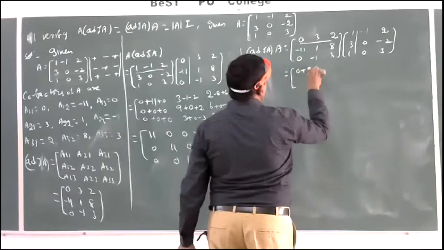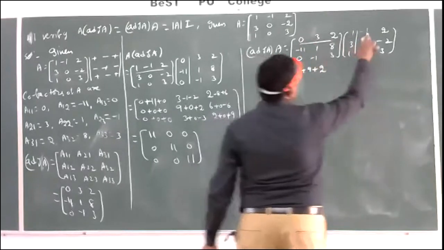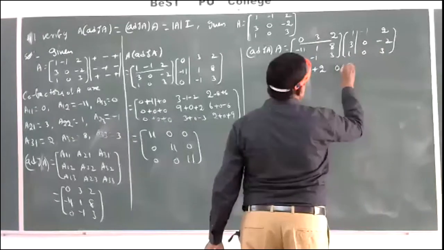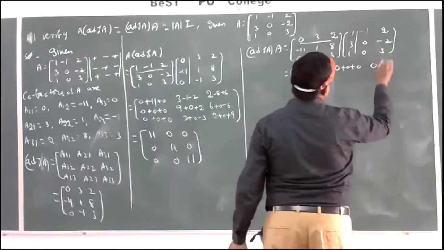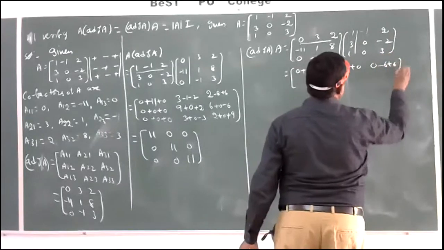0, 9, plus 2. Next 0, 0, 0. Next 0, minus 6, plus 6.